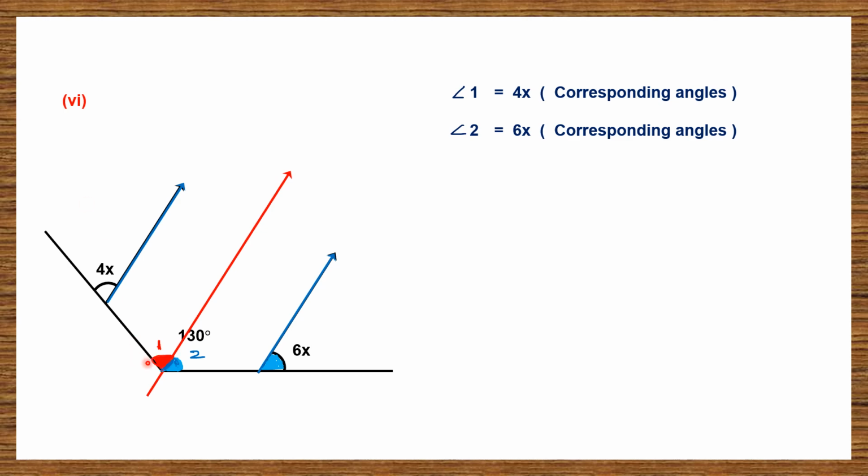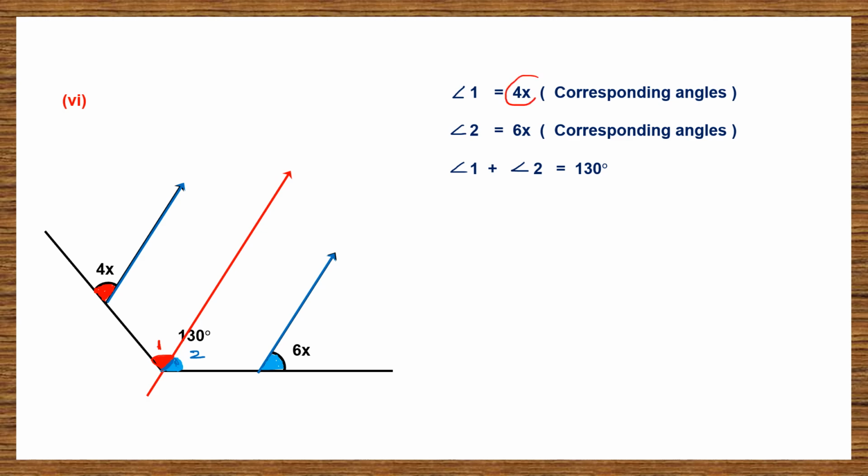Now angle 1 plus angle 2 is equal to 130 degrees, which is already given to us. So let me say that again. Angle 1 plus angle 2 is equal to 130 degrees. So let's write that down. Angle 1 plus angle 2 is equal to 130 degrees. And how much is angle 1?